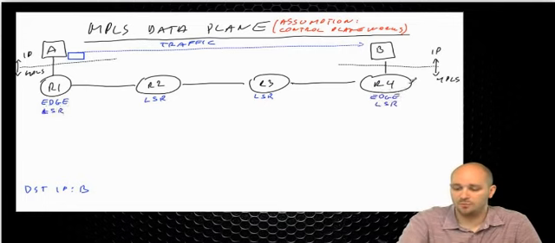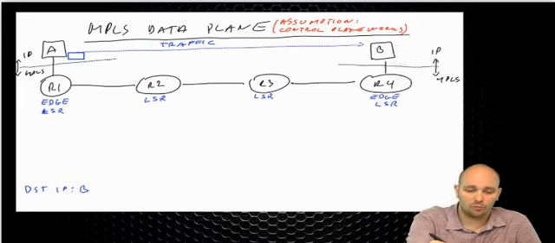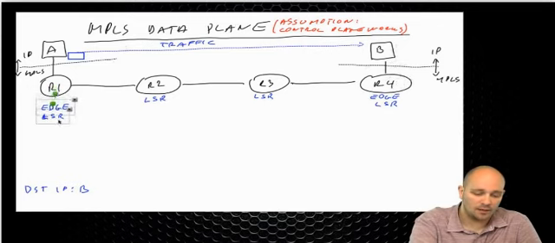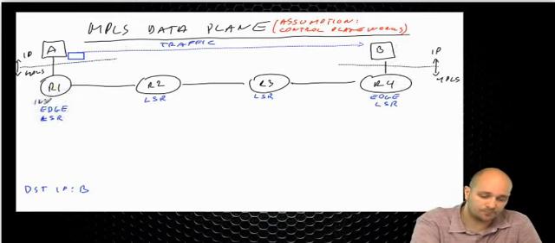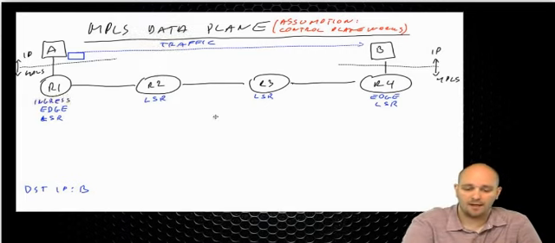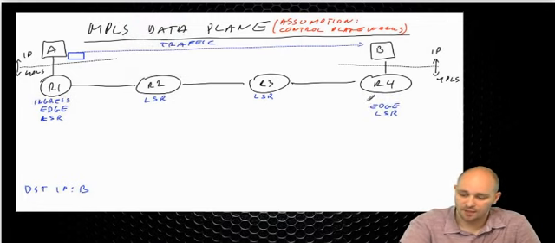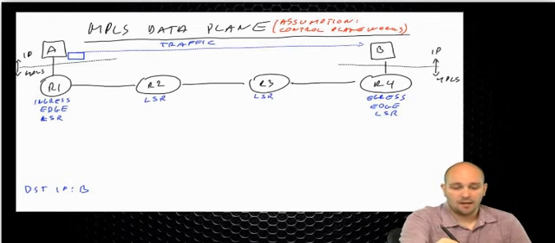Why is it going to be edge? Because it sits on this border between the regular IP network and the MPLS network. Furthermore, to be more specific, R1 is actually called, in this scenario, ingress edge LSR, and our R4 is called egress edge LSR.